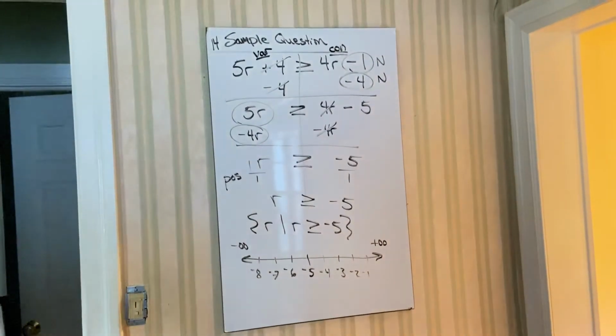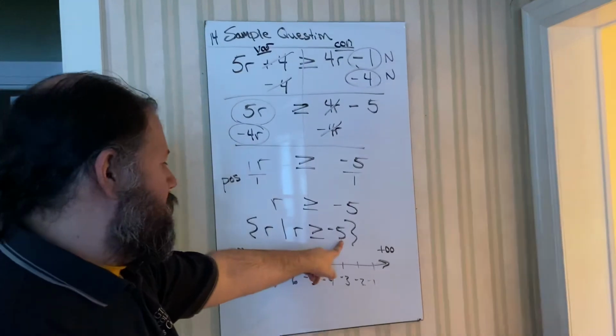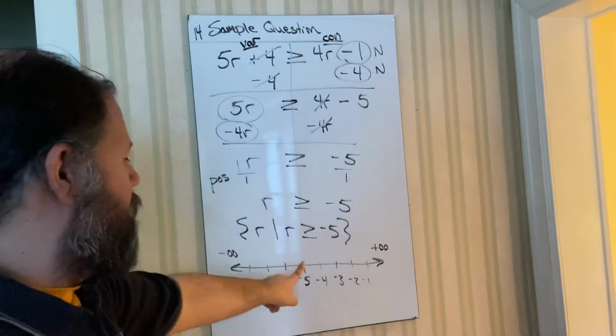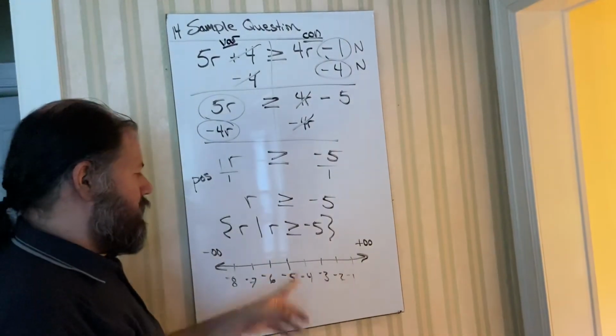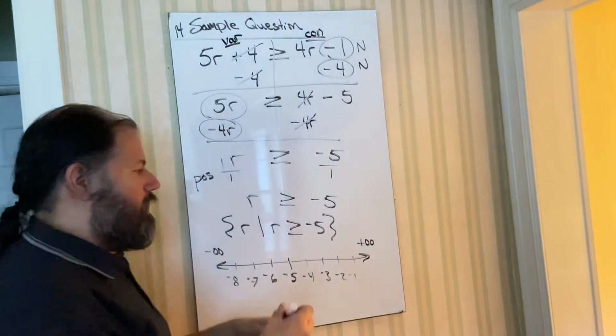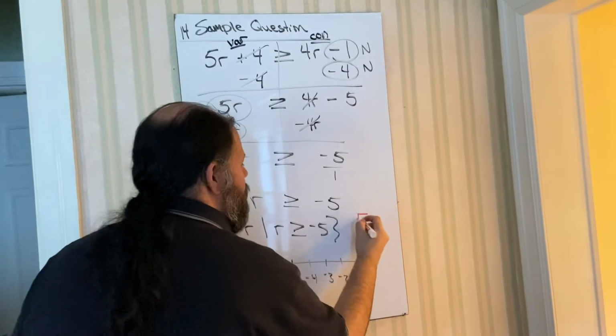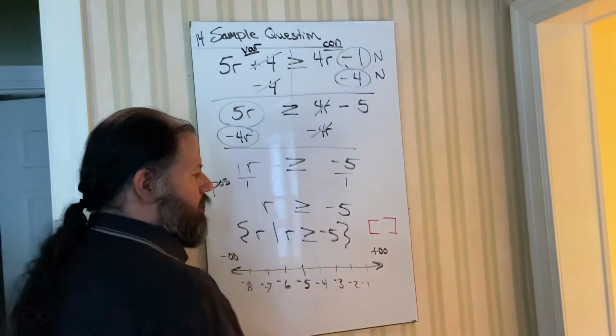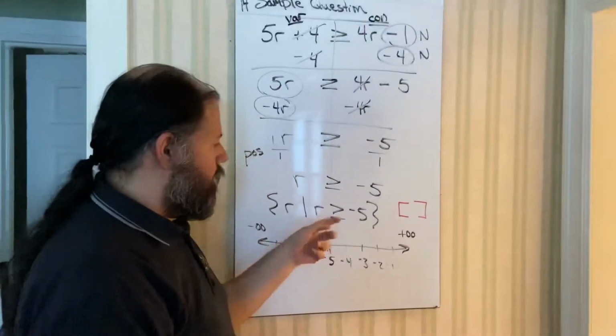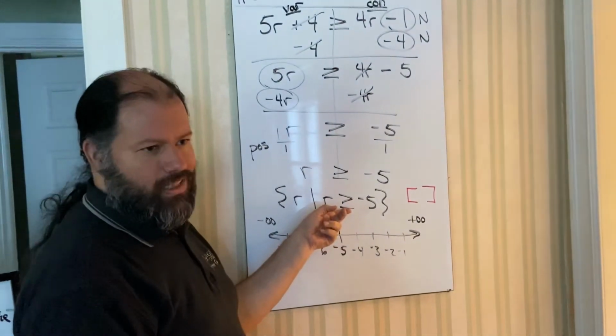Remember, you're going to find this number on the number line. Boom. You got to remember, are we going to use parentheses or brackets? Because this is underlined, this is going to be a bracket guy. The question is, which bracket do you do? This bracket or this one? Ask yourself, what side am I shading?